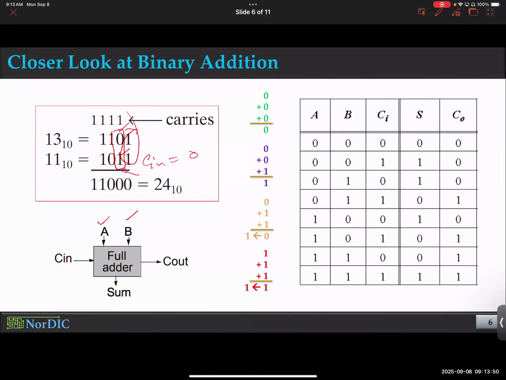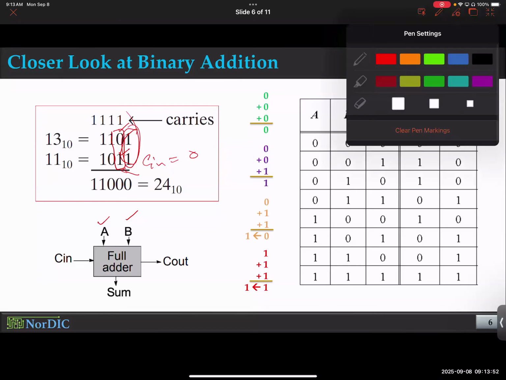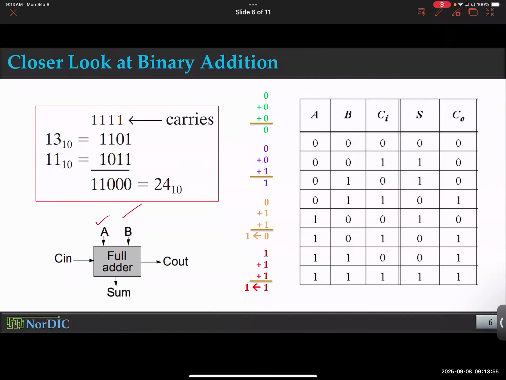So all of the adder blocks will have three inputs, A, B, and carry in. That's how we identify how many bits we are going to get. And how does that help you? When you know that you have three inputs, you can easily generate these three columns of the truth table. Because with three inputs, you have these combinations. Done. And now we have to also identify how many outputs we have.